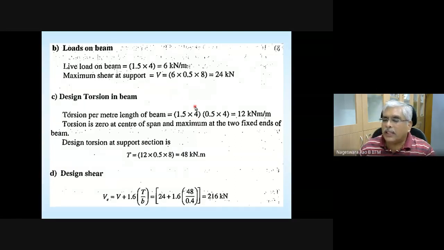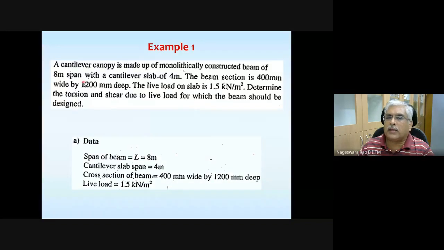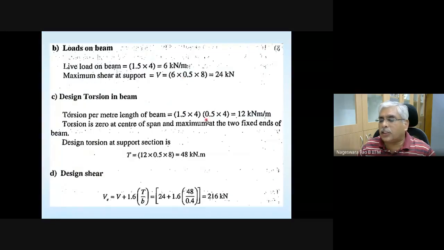And please note that this cantilever span could mean it is from the face of the beam. So for eccentricity, the cantilever slab span of 4 meters means it is from the CG. Here there is no information given. So in this calculation, it is assumed that this span is from the CG of the beam.